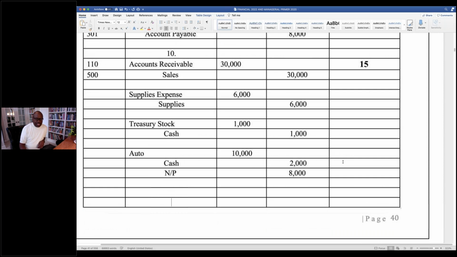We have an automobile that costs $10,000, has a four-year life, $2,000 salvage, and we're using double declining balance. What is going to be our estimated depreciation?